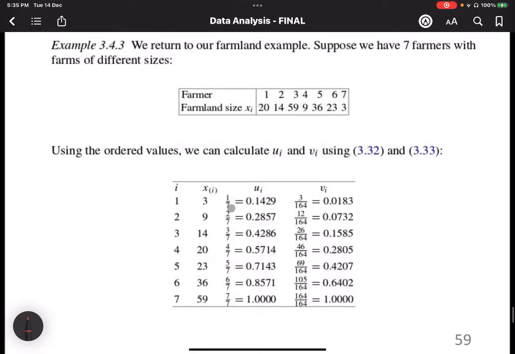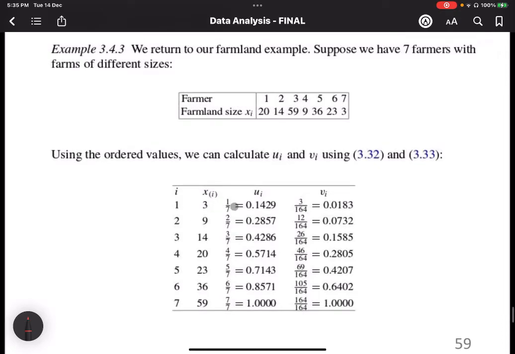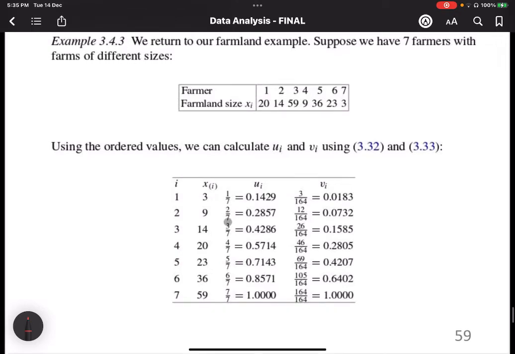So, the computation of U for this index or this unit is 1 over 7, meaning 1 over I or I over N, or x over n. So we have here 1 over 7, okay? 2 over 7, 3 over 7, so on and so forth.